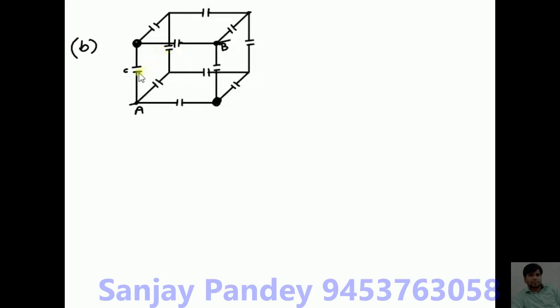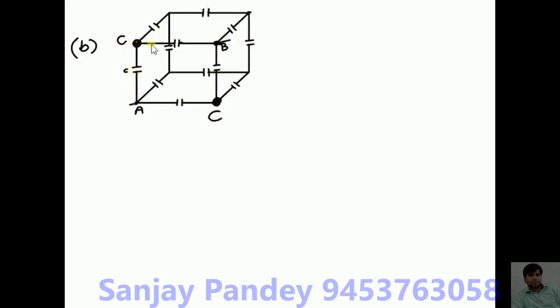Now in this case we have to calculate the net capacitance between the face diagonal points A and B. For A and B, these 2 positions are symmetric positions, so we denote these positions by C. If we go from position A to B, we encounter one capacitor between A and this position C, and here we also encounter one capacitor.